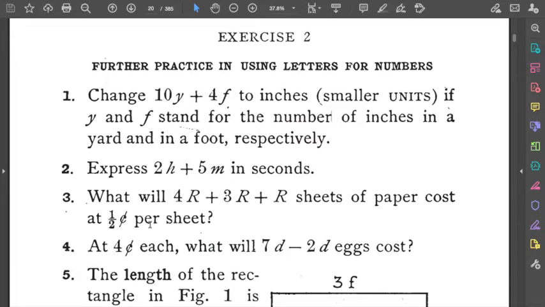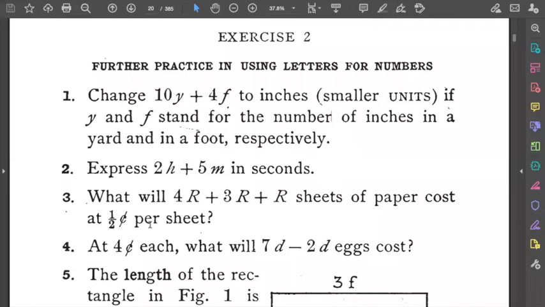At half a cent per sheet, 4R plus 3R plus R sheets of paper cost, so the answer is 4 cents.